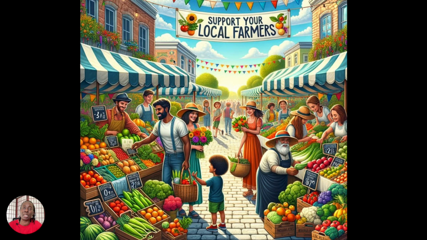This building has 1, 2, 3 windows on the front, and 1 window on the side. And this building has 1, 2, 3, 4 windows on the front of the building.